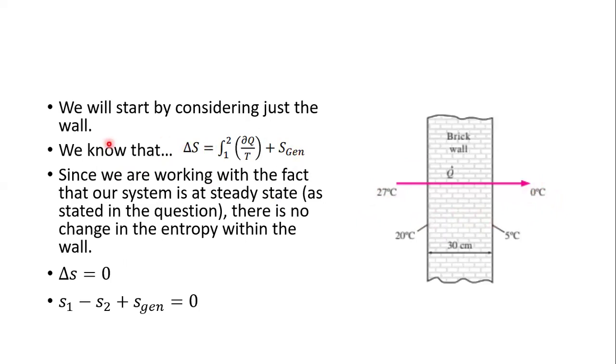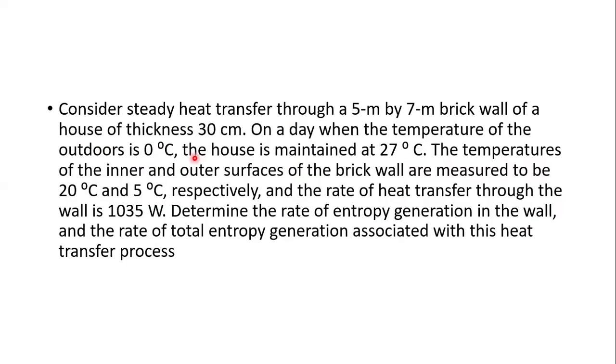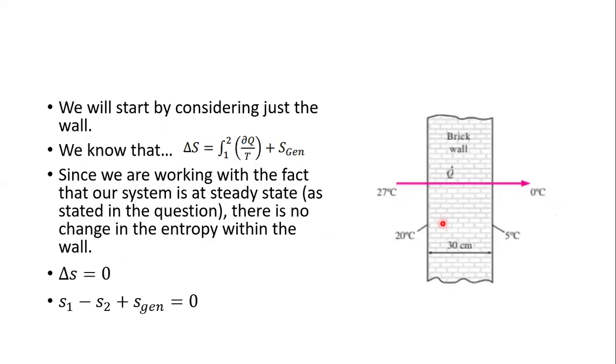Now, the question said we should find the entropy generation in the wall. So we are just considering the wall for now, right? So we'll still start with this general equation where a change in S is equal to this expression plus our S generated. Now, the question said that we are working at steady state.